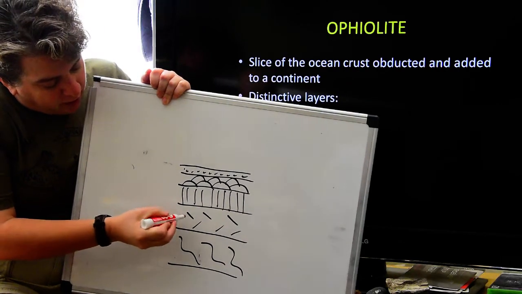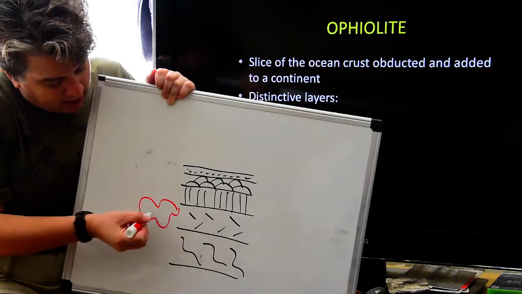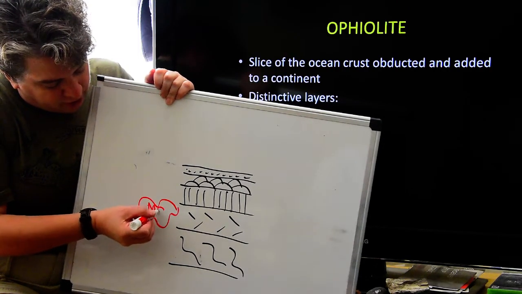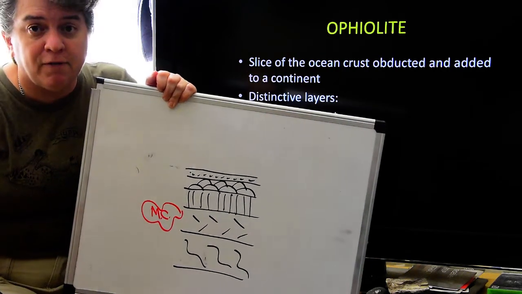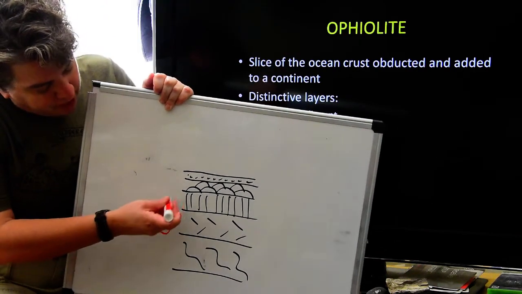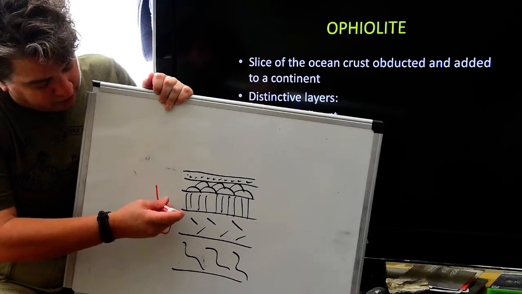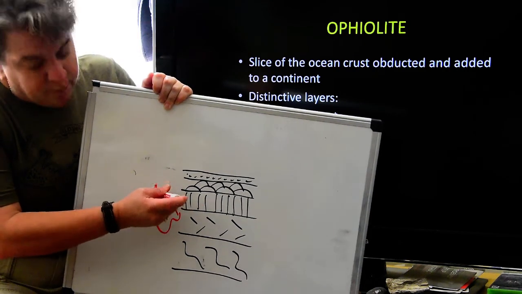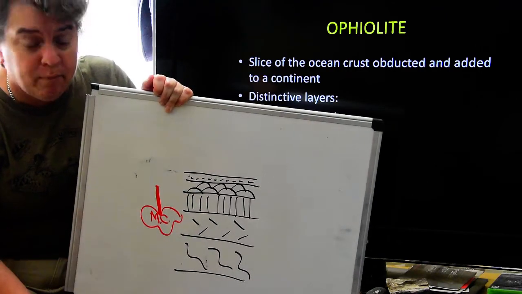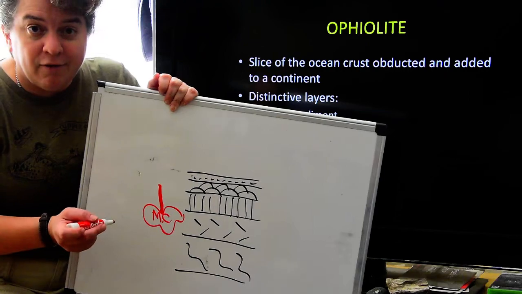So what does this stuff represent? Well, think of the gabbro intrusions as a magma chamber, right? MC for magma chamber. That's where our magma is sitting. Now think of those sheeted dikes as the conduit where this magma is rising from the magma chamber. And then those pillow basalts, right?